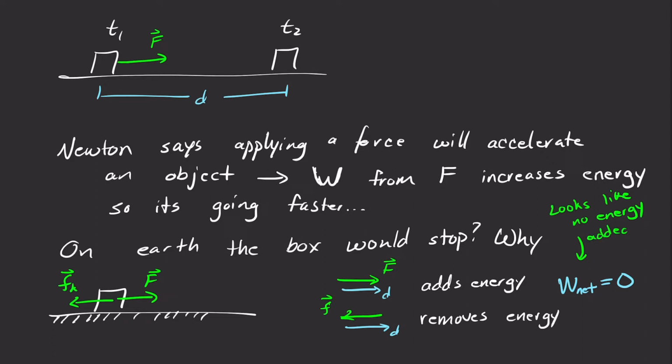But in reality, our pushing force added energy to the system, but at the same time we had friction removing energy. So there was a positive work done by this force and a negative work done by this force, and they kind of canceled each other.